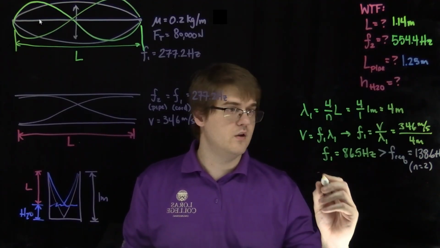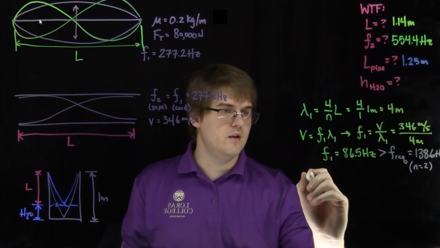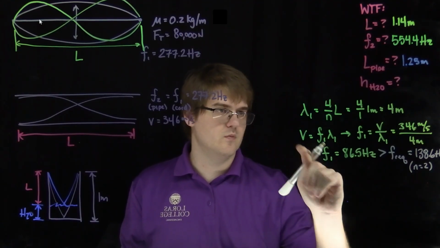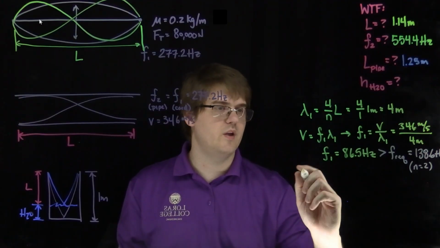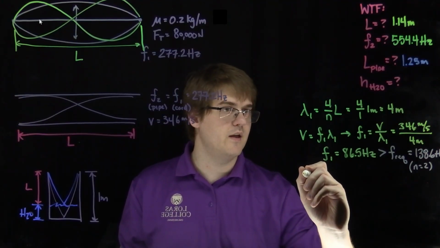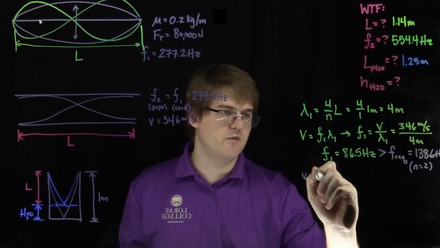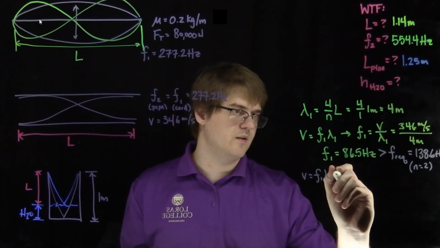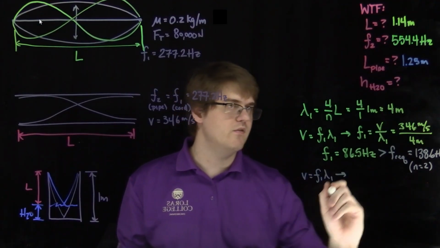For that, I'm really just going to go back up the steps I did before. My velocity is going to be my frequency 1 times my wavelength. In this case, I'm not solving for frequency, I'm solving for wavelength.